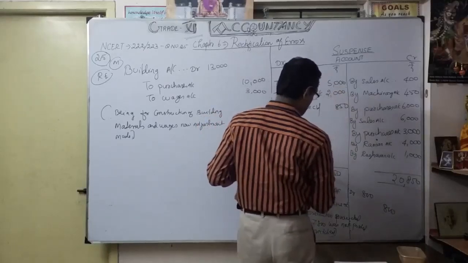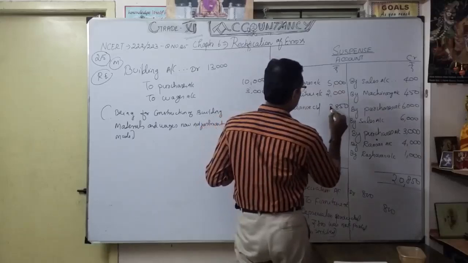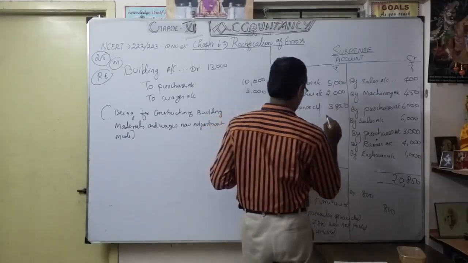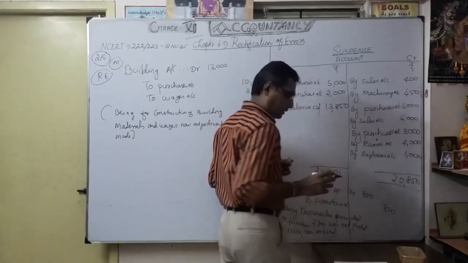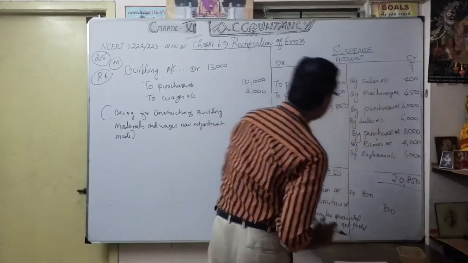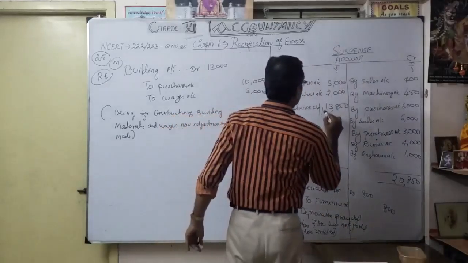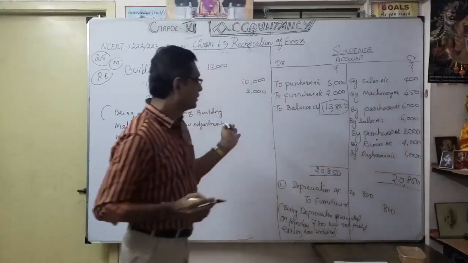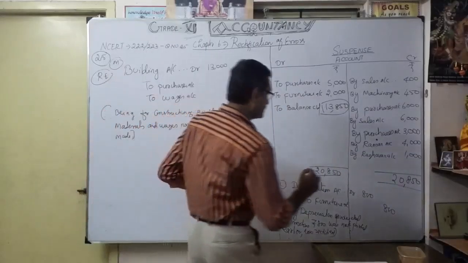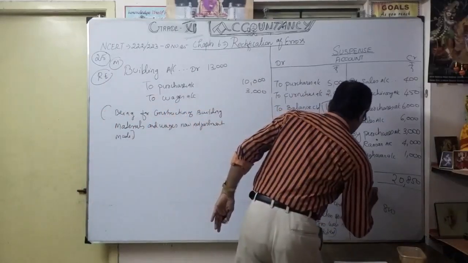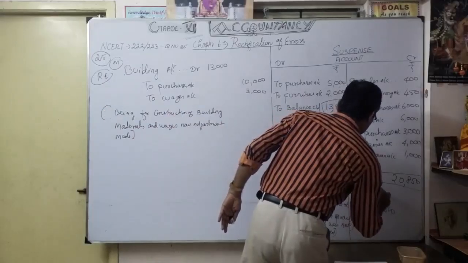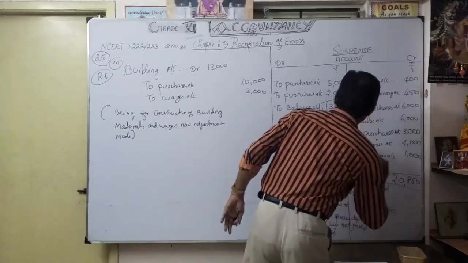Here 0, consider as 10, so 3, balance 1. So 13,000. Correct? 13,850. That's your answer. That means you have to write on the credit side: by balance brought down.